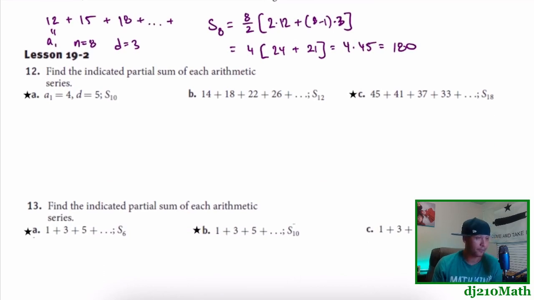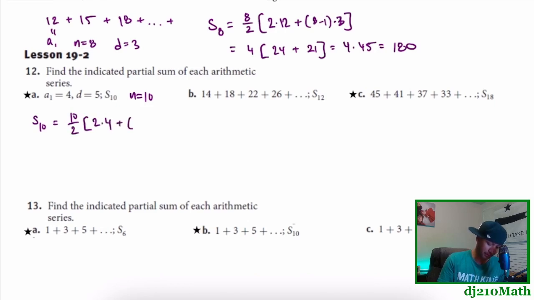All right, 12. Find the indicated partial sum of each arithmetic series. All right, too easy. So S sub 10, we know that n is equal to 10. So this is going to be 10 divided by 2 times 2 times the first term, 4, plus n minus 1 times the common difference.